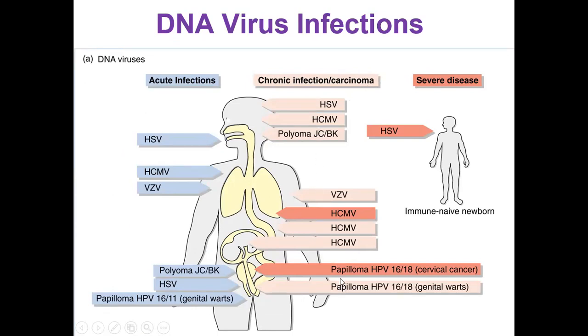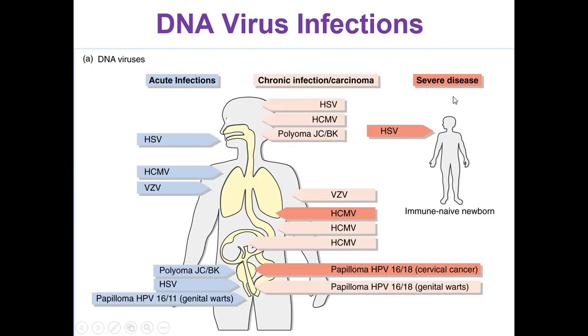There is a list of DNA viruses that can cause chronic infection and cancer, such as papilloma, HCMV, VZV, polyoma, and HSV.